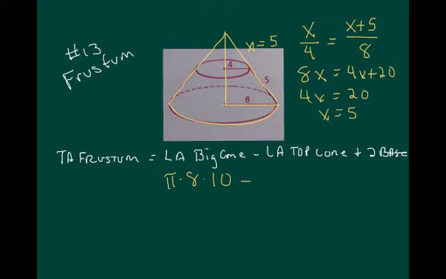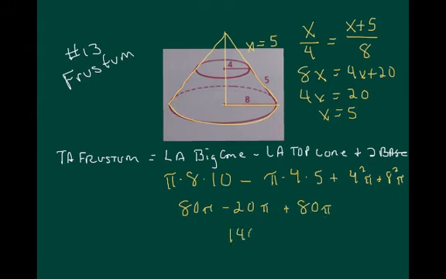Then I'm going to subtract the lateral area of the top cone, which would be pi times r times the slant height of 5, and then I'll add on the two bases, which are just going to be 4 squared pi plus 8 squared pi. So adding up all these parts gives us 80 pi minus 20 pi, but then we're going to add on another 80 pi for the bases, giving us a total of 140 pi for the total area.